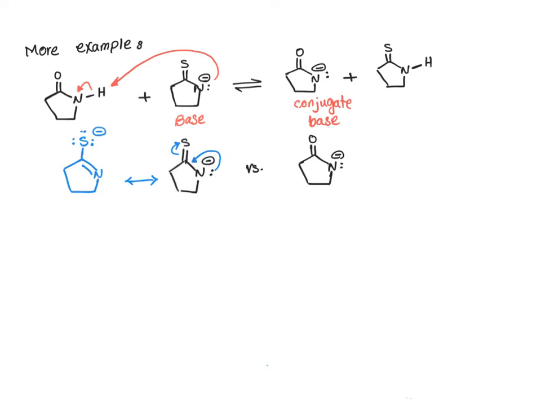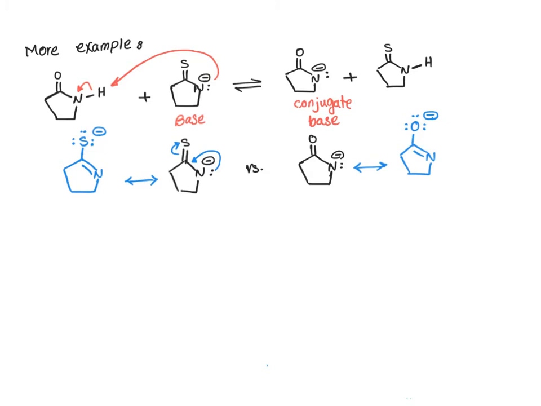And if I draw a resonance structure for the other one, we have the negative charge on oxygen. So in the resonance structure, the negative charge is on oxygen. However, here the negative charge is on sulfur.